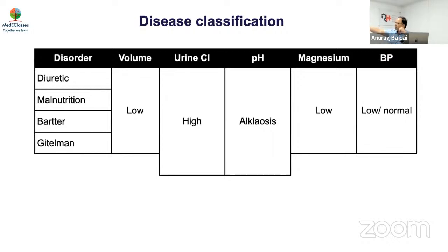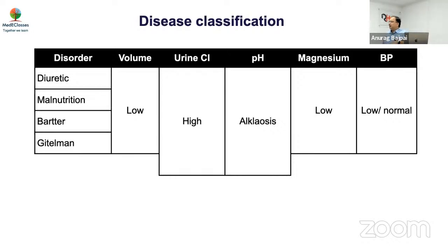So alkalosis is not really going to tell you much in that regards. The next step, of course, is to look at volume or blood pressure. So in this scenario, if you are hypovolemic, this is what we're going to discuss today. If you are hypovolemic, you're dealing with losing a lot of sodium, losing a lot of acid. That is why you are having alkalosis.